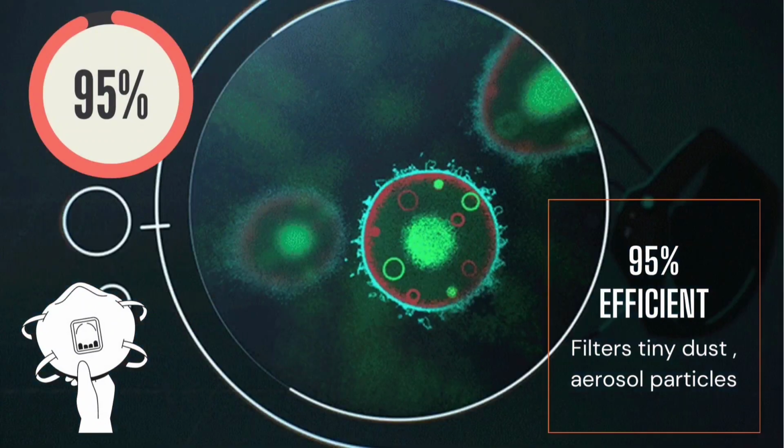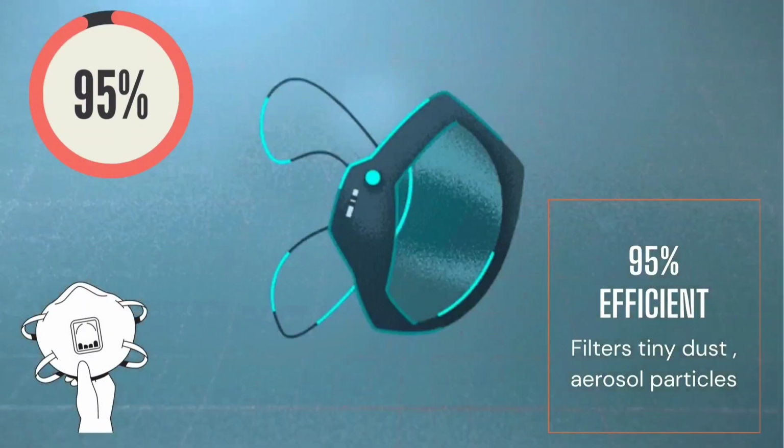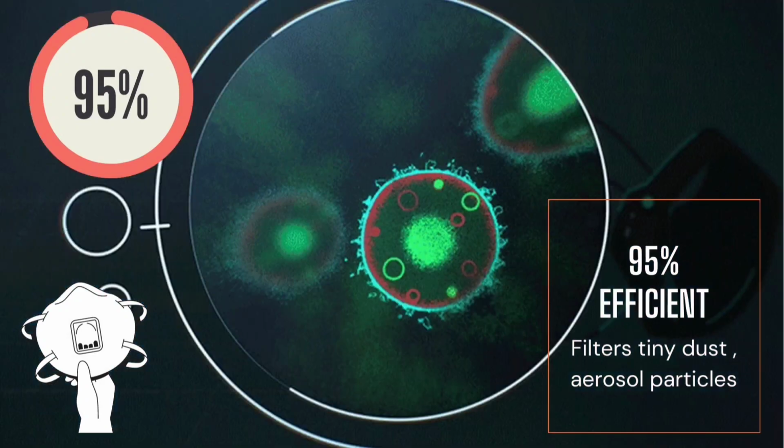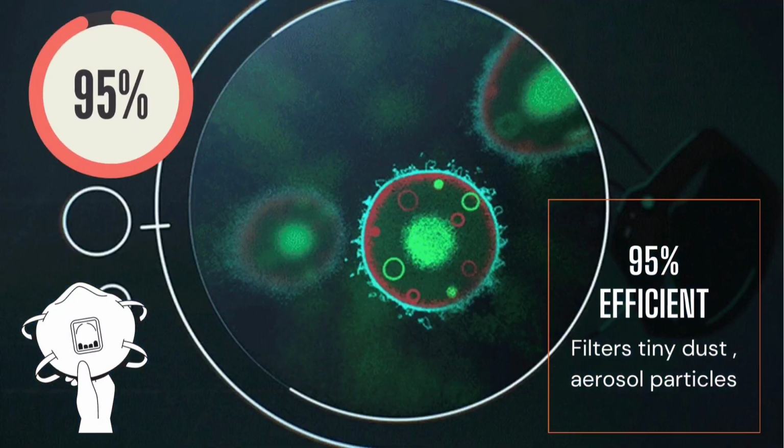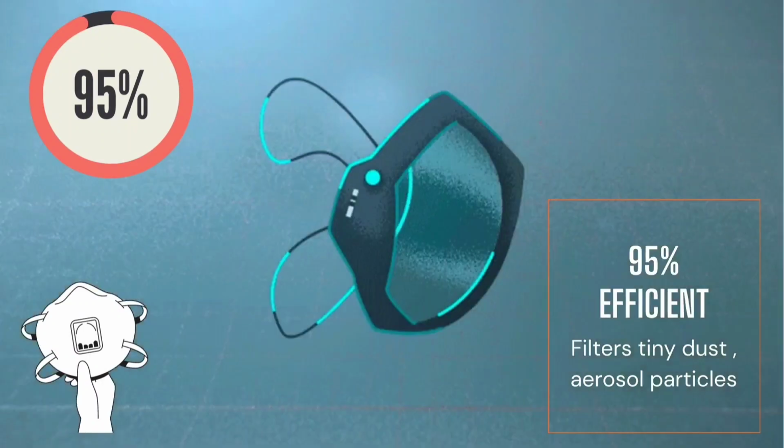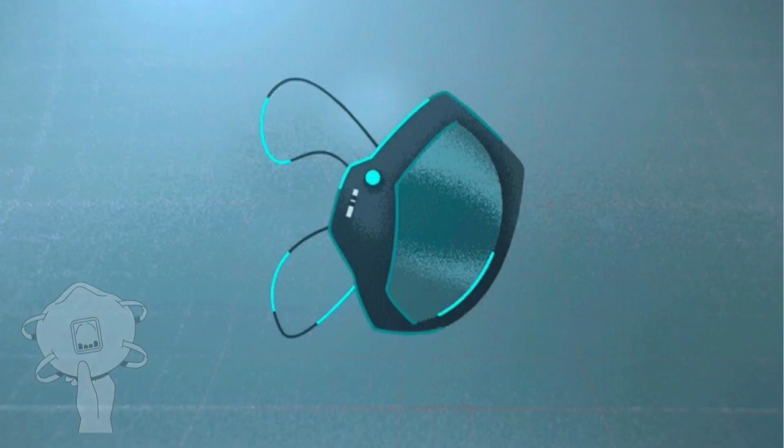The N95 mask is 95% efficient in filtering aerosol particles. It is also capable of filtering contaminants like tuberculosis, viruses, bacteria, and mists. But it doesn't filter toxic gases, vapors, and the smell of smoke.